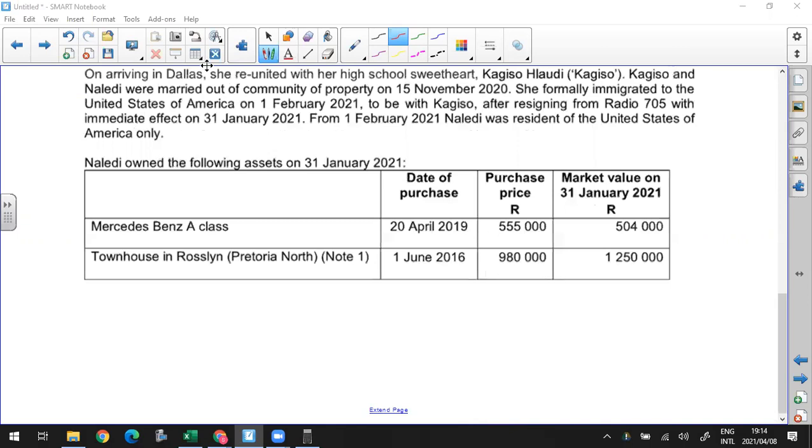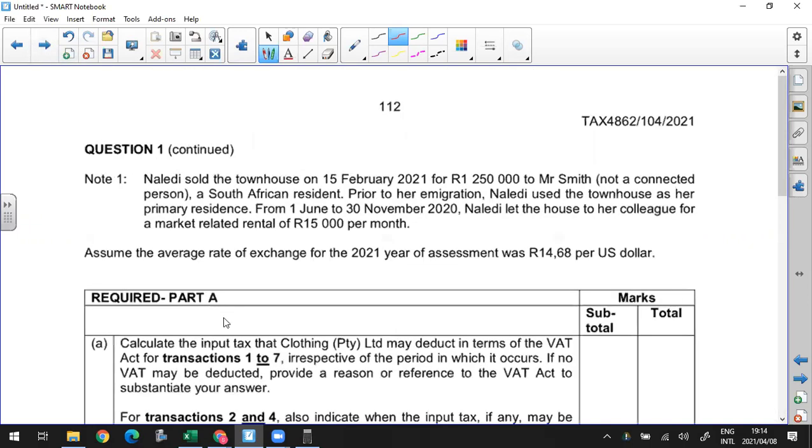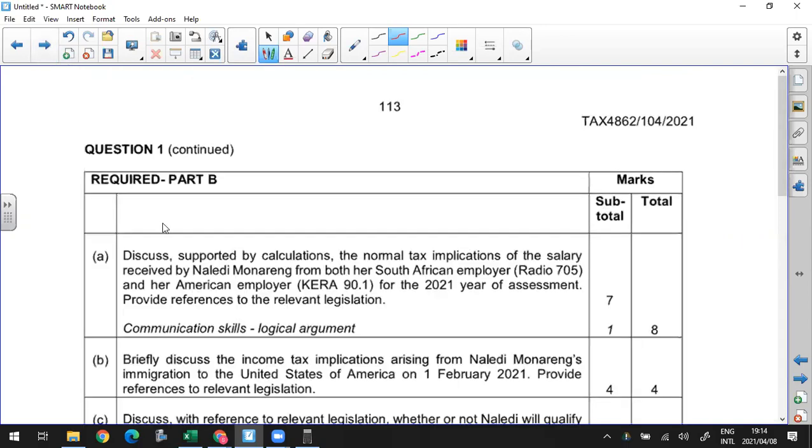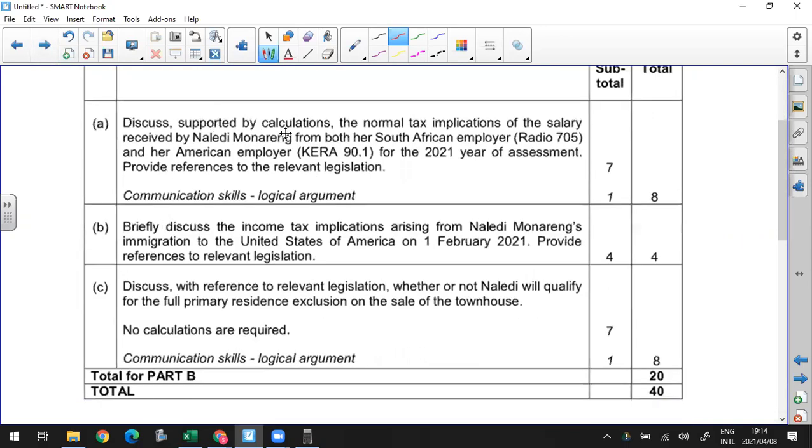Let's have a look at the required. That's part A, part B. There we go. It says, discuss, supported by calculations, the normal tax implications of the salary received by Naledi Monering from both her South African employer and her American employer for the 2021 year of assessment. That's for 8 marks. Provide references to relevant legislation.